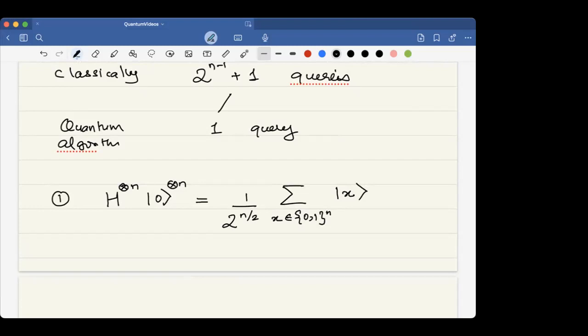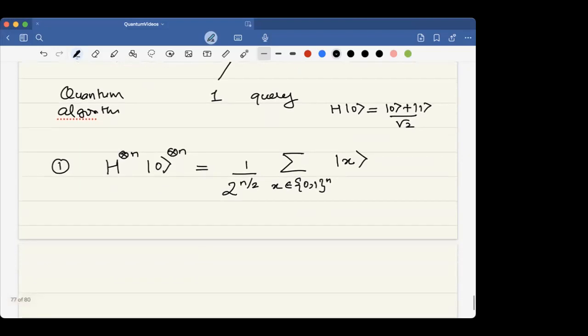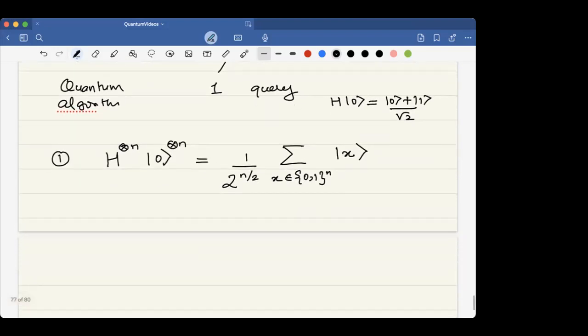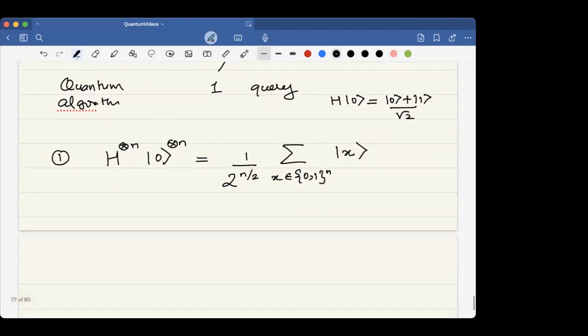This is just a generalization. For a single qubit, we know that H acting on 0 is equal to 0 plus 1 over square root of 2. But it's easy to show that a tensor product of Hadamard gates acting on the all 0 state gives a uniform superposition of all possible n qubit states.